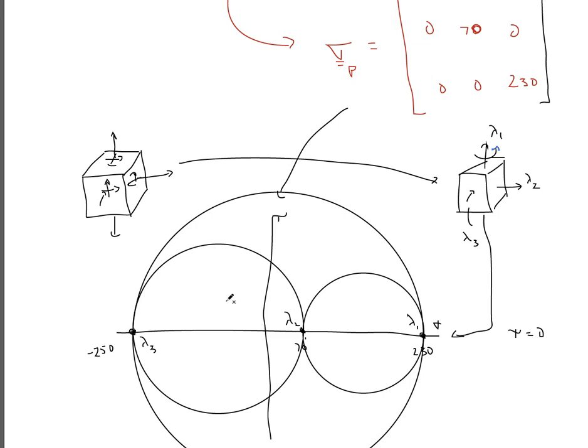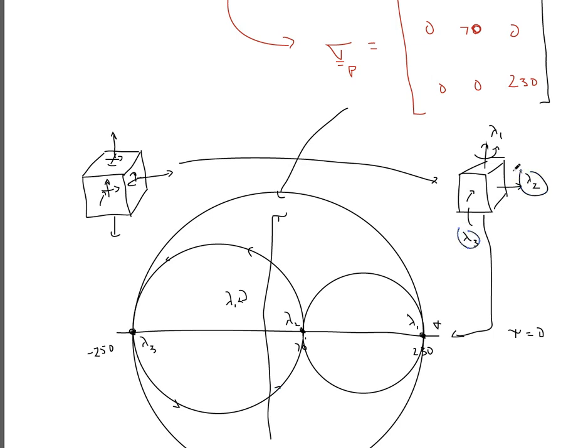So if I rotate around lambda 1, this is going to be a lambda 1 rotation. I'm going to go around this circle right here, and lambda 2 and lambda 3 are going to change, right? So if I hold lambda 1 constant and I just rotate around this way, which ones are going to change? Lambda 3 and lambda 2 are.